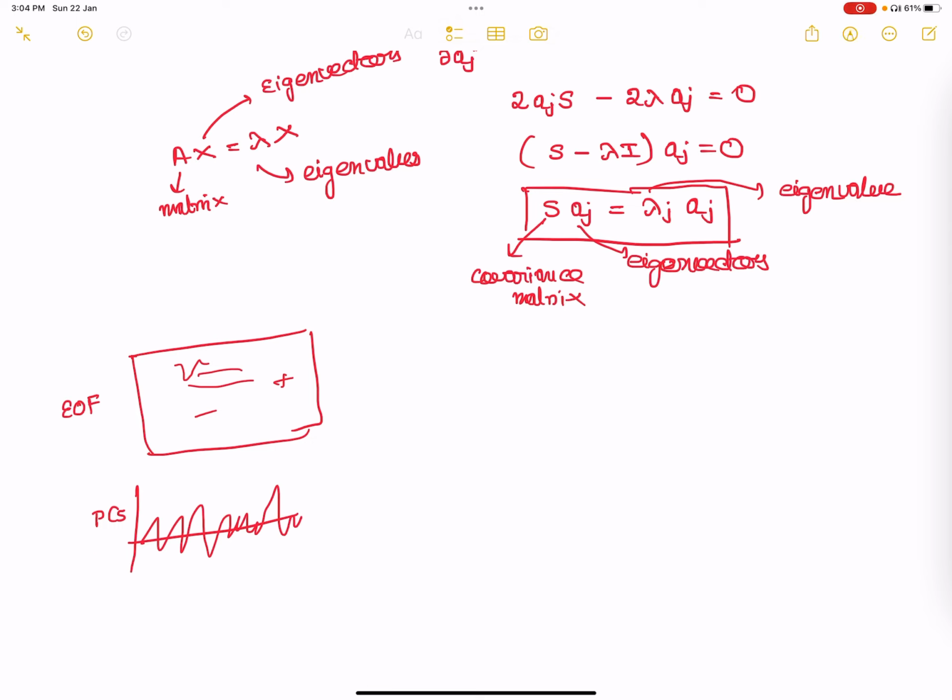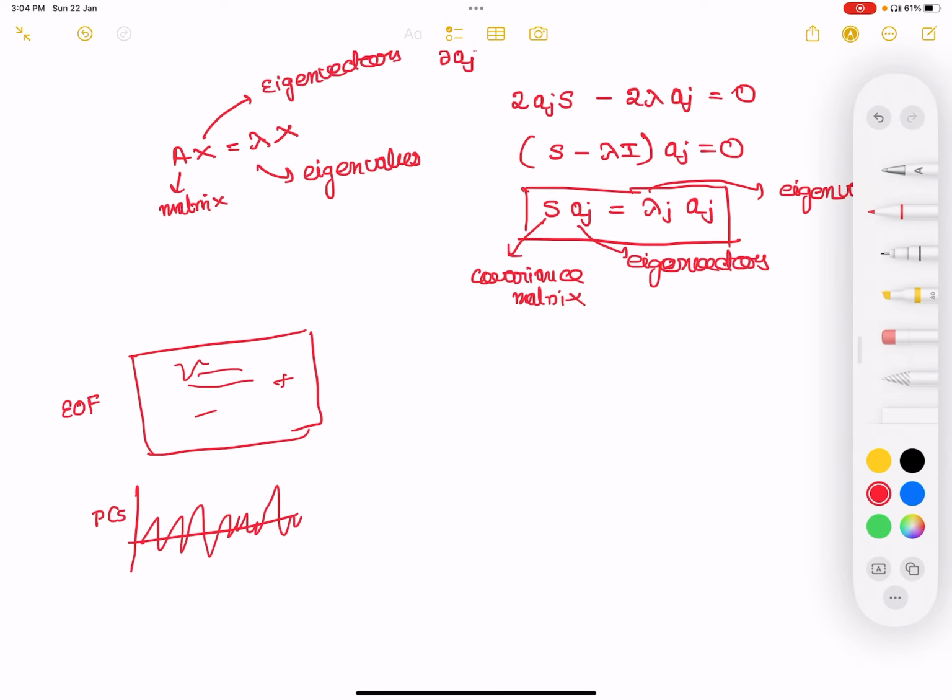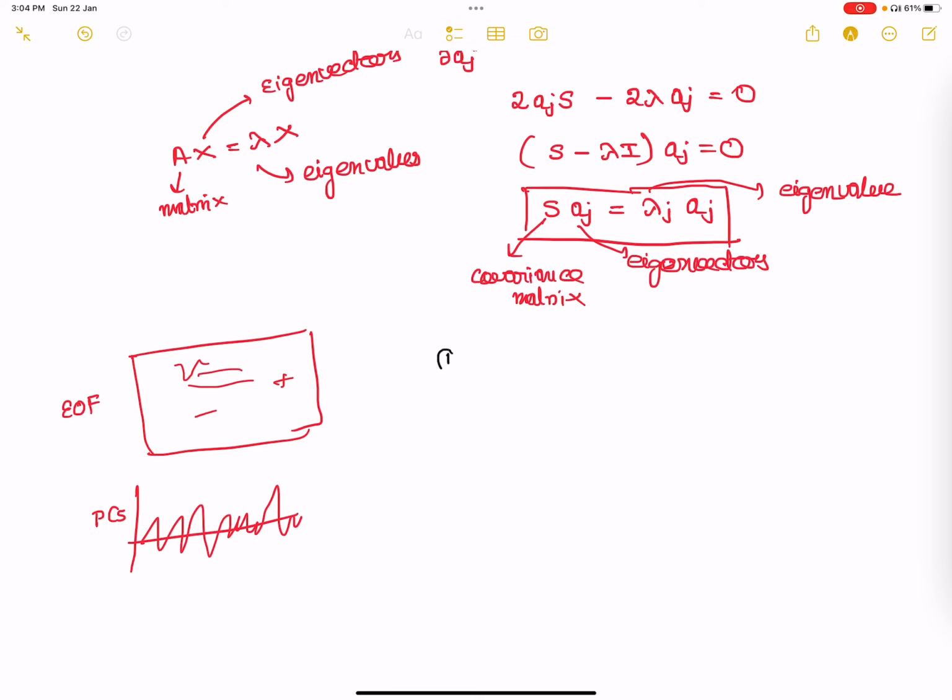From these we have got two mathematical expressions. The first equation is S aj is equal to lambda aj. The second equation is zj is equal to aj transpose into X.